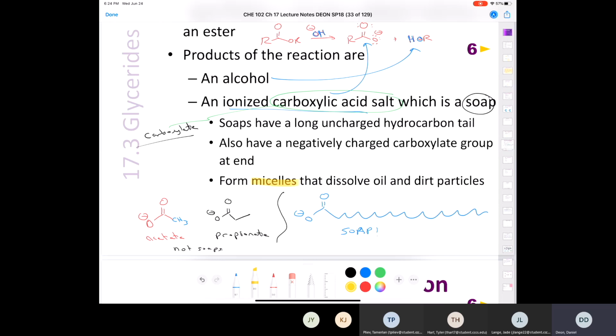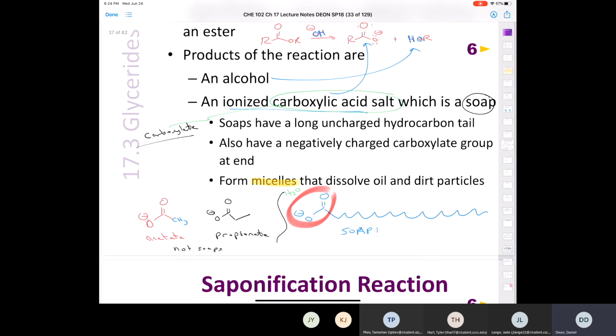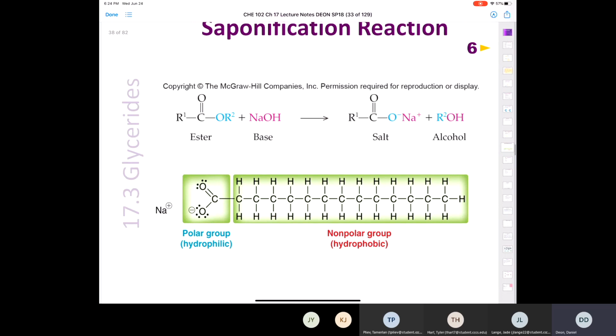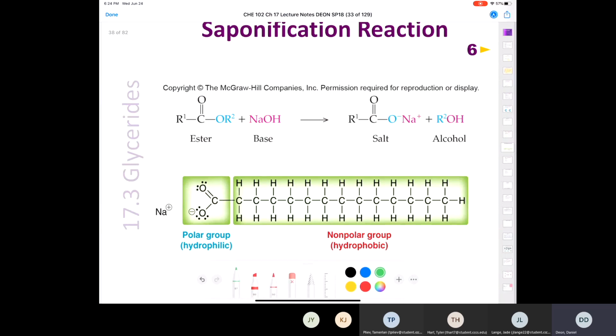I said that the non-polar tails will spontaneously conglomerate together, and then all the hydrophilic carboxylate heads will interact with water molecules on the exterior of that micelle, and of course, the hydrophobic tails will solubilize the dirt, oils, and grease, and that is how soap works. This is just showing a saponification reaction. I actually borrowed this picture at the bottom from a different textbook. So we have our ester plus a base produces a salt plus an alcohol.